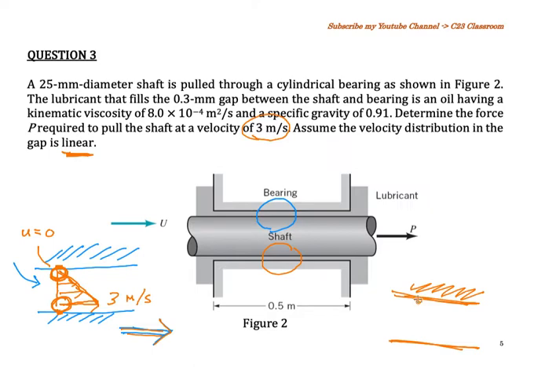Because the shaft is moving at a certain velocity, we have a velocity here, and here the molecule sticks on the surface. So we could draw the velocity distribution like this. Please be careful when you need to draw the velocity distribution for any mechanism in mechanical engineering.